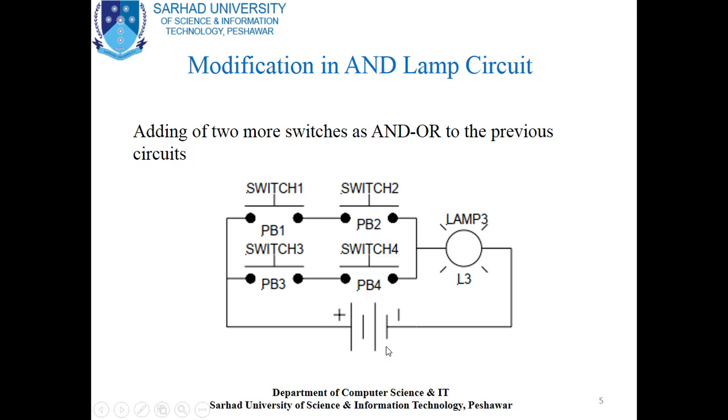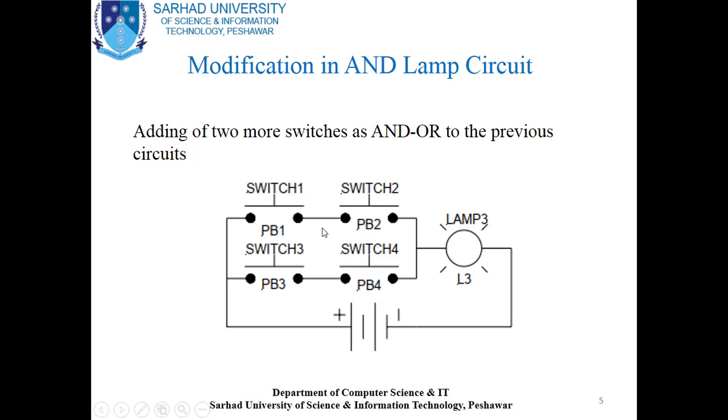The purpose of connecting the DC battery is to provide power to the circuit. Here you can see switch 1 and switch 2, which are connected in series, and you also see switch 3 and switch 4, which have also been connected in series, and these two branches are connected in parallel.